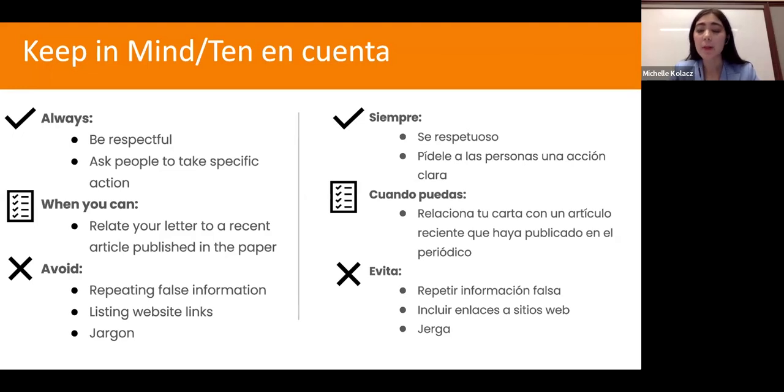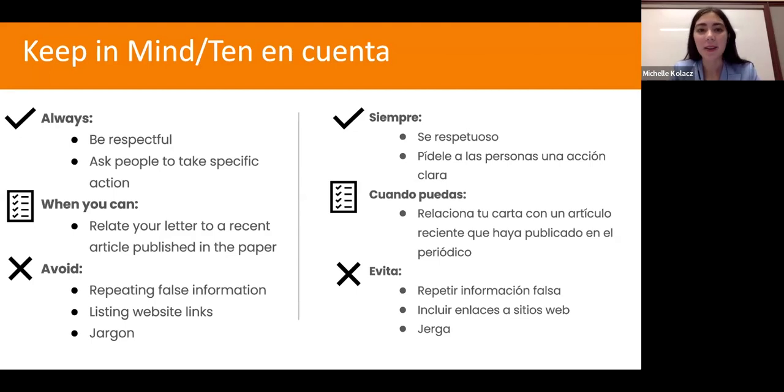Again, avoid website links. Those might be hard for some people to use, but certainly feel free to name a resource or a website title. So for instance, if you mention Solar United Neighbors, you can mention us by name and encourage people to check out our website, but don't put the hyperlink in there. And also avoid jargon.